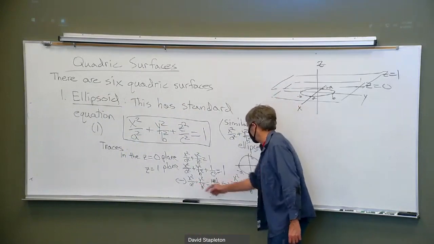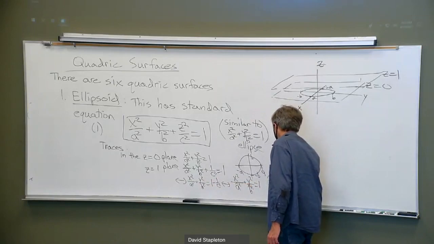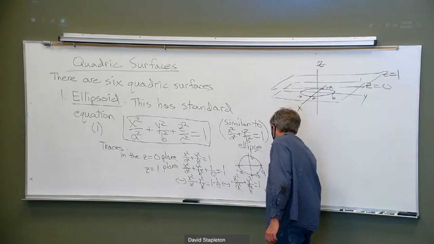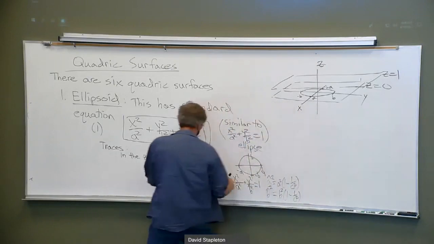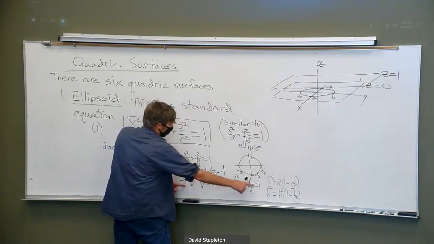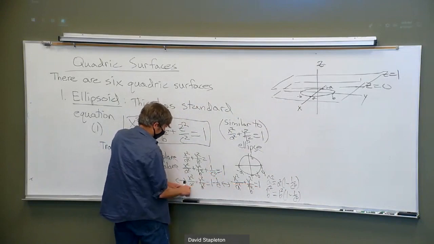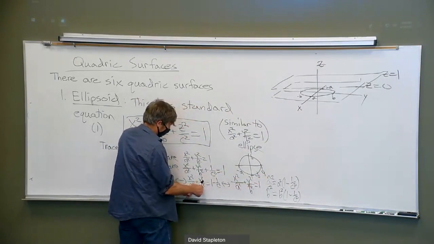So a hat squared is a squared times 1 minus 1 over c squared, and b hat squared is b squared times 1 minus 1 over c squared. In other words, I take this equation here, I divide it by 1 minus 1 over c squared and get 1 on the right, and then this becomes a hat squared, and this becomes b hat squared.